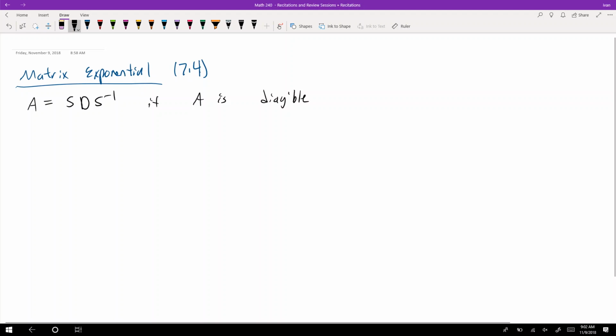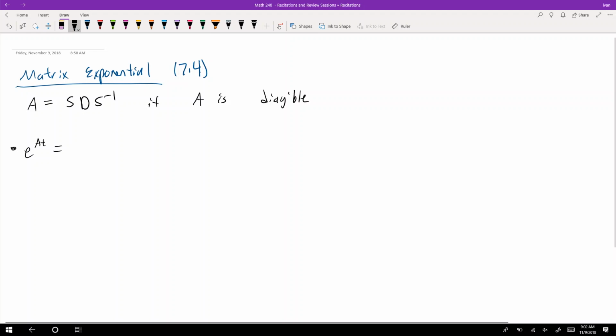And the matrix exponential is this thing, e to the At. What is e to the At? Well, you have e, and you're raising it to a power, but it's a matrix in the power. It's not just some constant in the power. So it's not entirely clear what you're supposed to do.